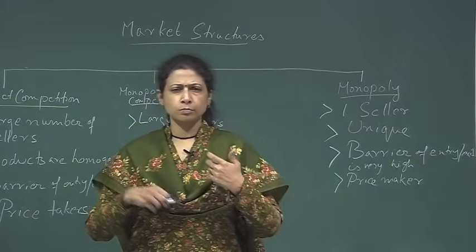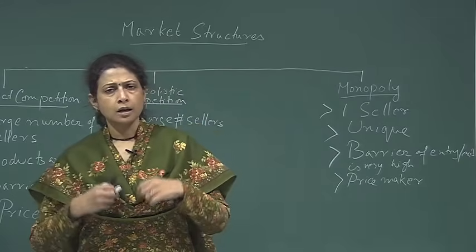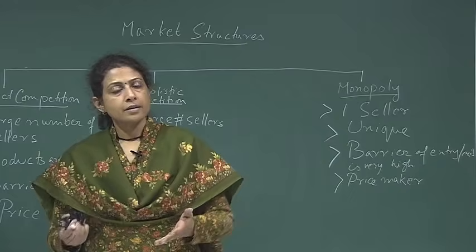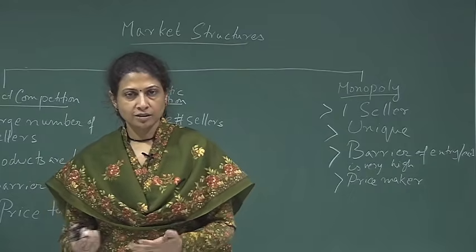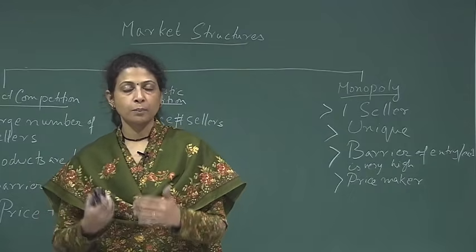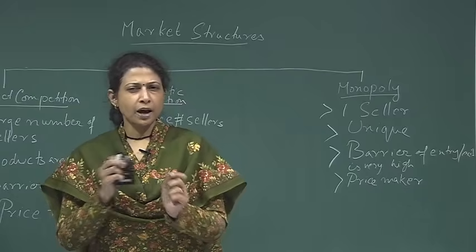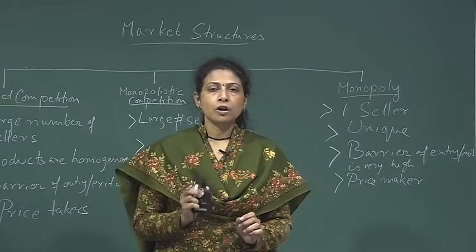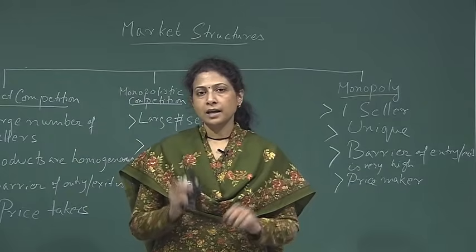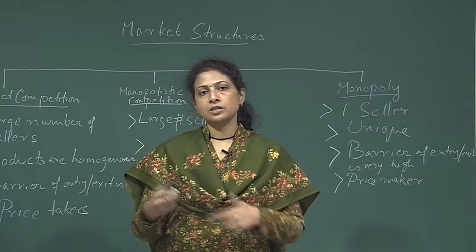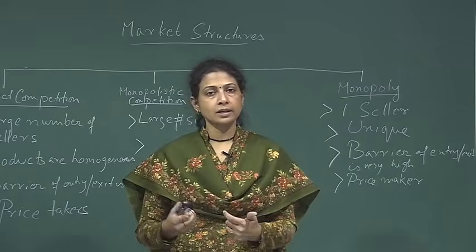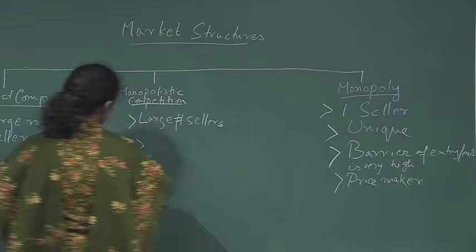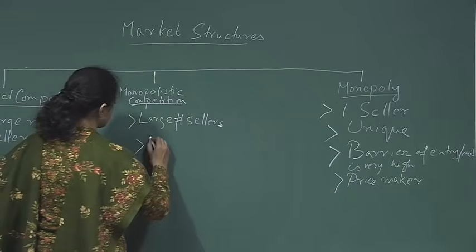There can be a number of brands and different types of toothpaste, but at the end of the day, they are all toothpaste. So they are substitutable, but there could be minor differences between the toothpastes, because of which people can have preferences for one variety over another. So there is some amount of product differentiation here, and the products are not exactly homogeneous.